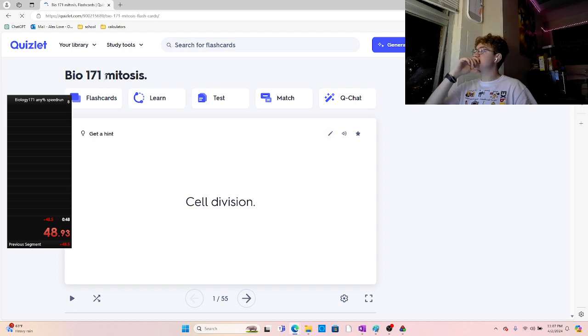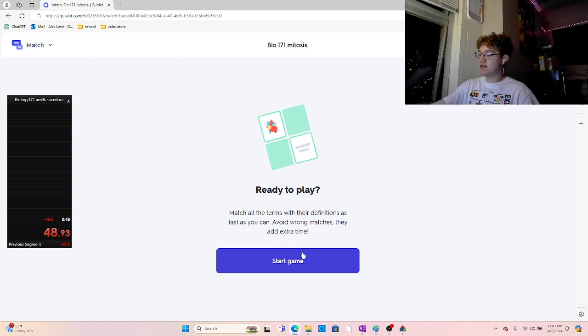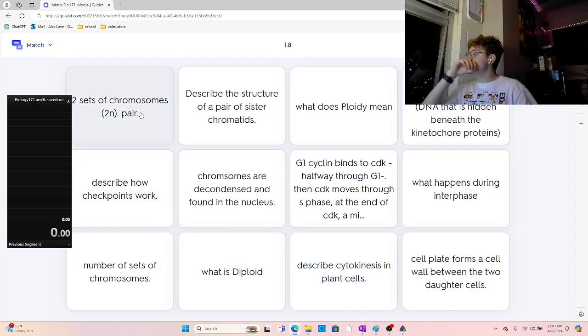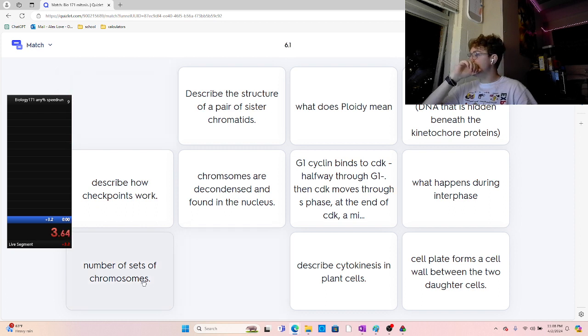Okay. Biology 171 mitosis any percent speed run, matching category. Let's begin. Two sets of chromosomes, that is diploid. Number of sets of chromosomes, that is a karyotype. I'll come back to that one.